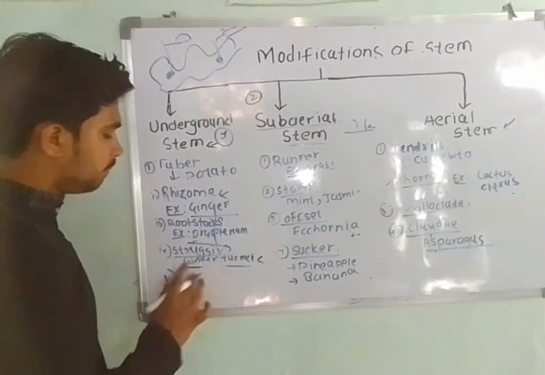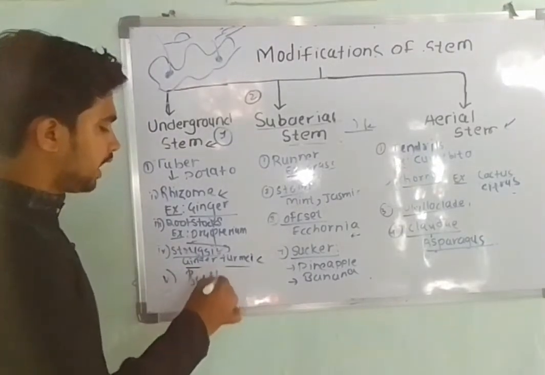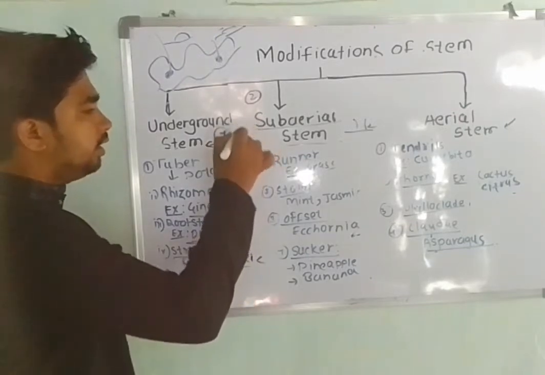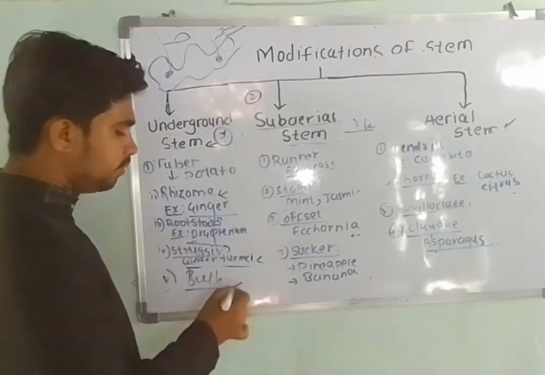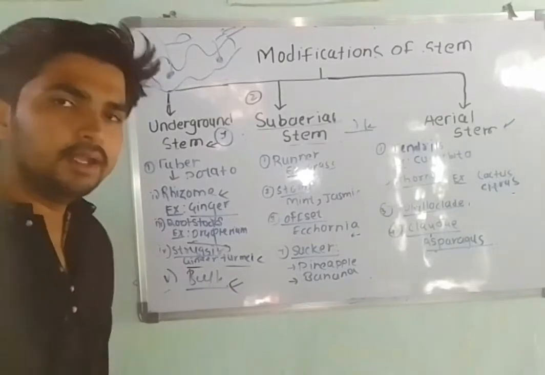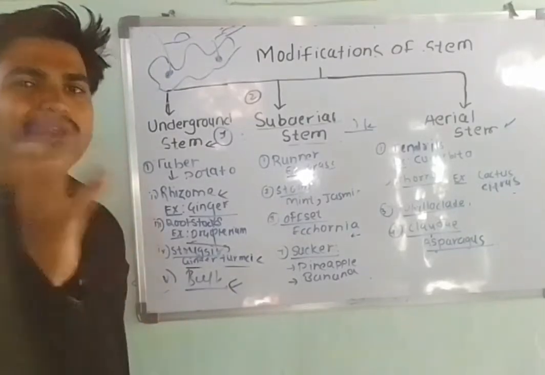And the last one is the bulb. The last one in the underground stem is known as the bulb. So what is meant by bulb? A bulb is like a simple structure.